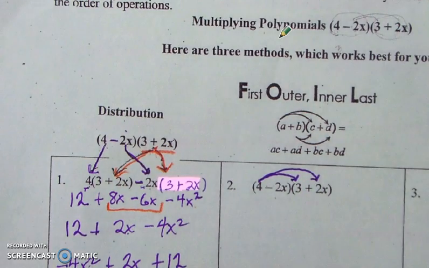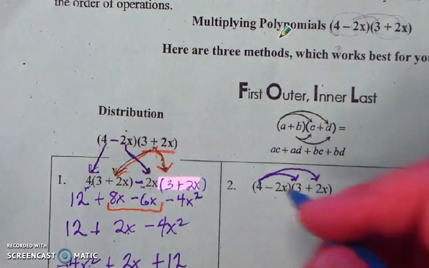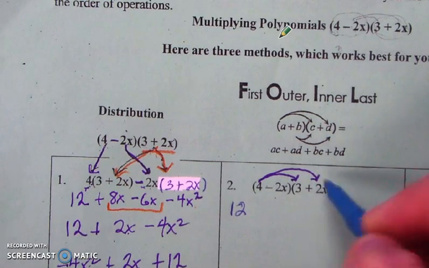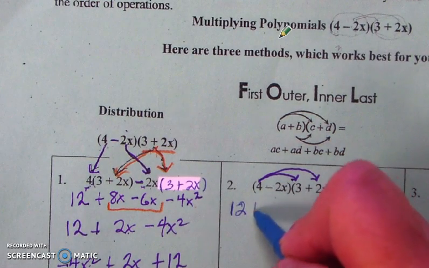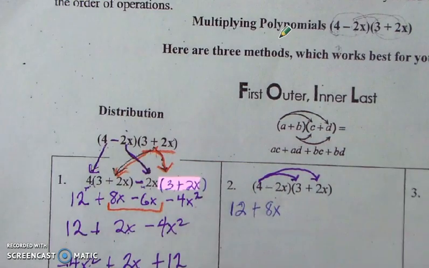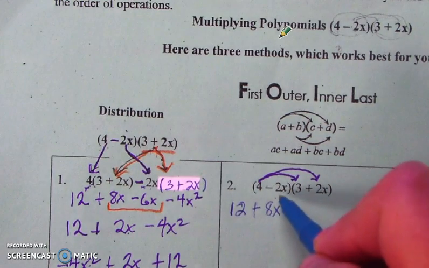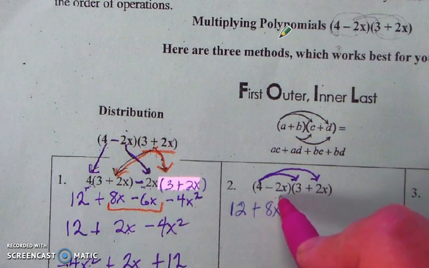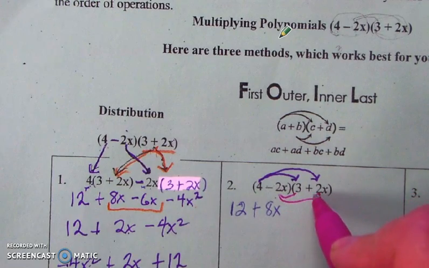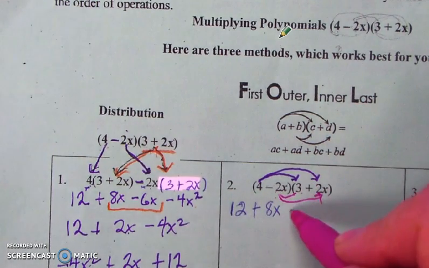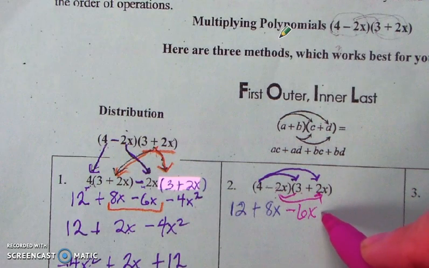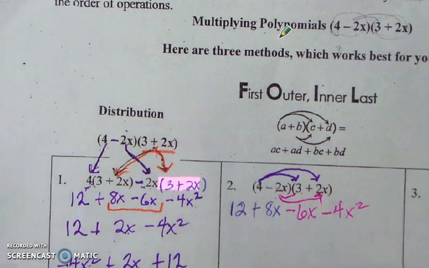First, outer. Okay, so 4 times 3 is 12. 4 times positive 2x, plus 8x, and then we're doing the inner numbers. Negative 2x times that, and then times that. So negative 2x times 3, negative 6x, and then negative 2x times positive 2x, negative 4x squared.